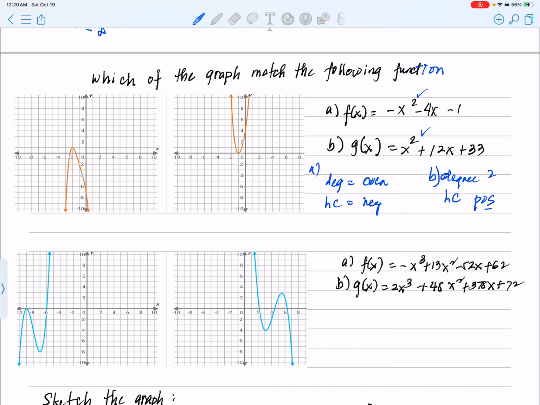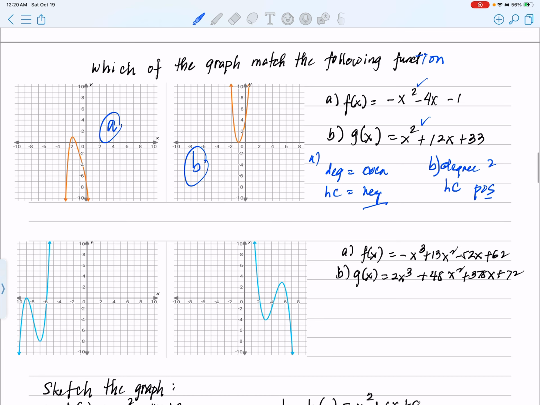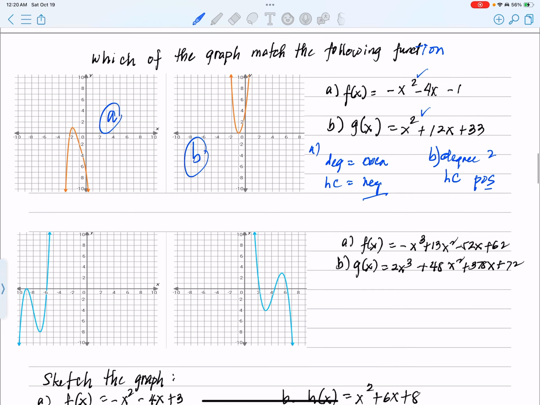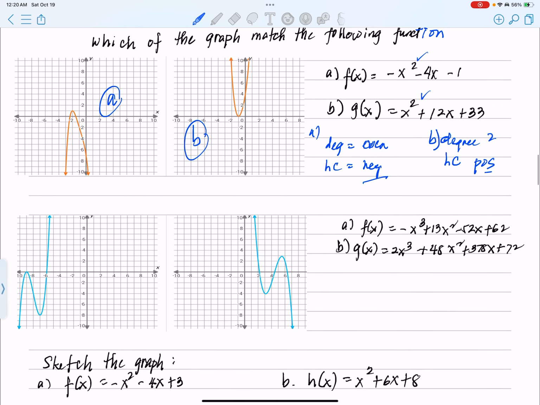So this is negative, so this is graph A. And this will be graph B, because the leading coefficient is positive and the degree is even. All right. That is the difference between a negative and a positive leading coefficient with the same degree.